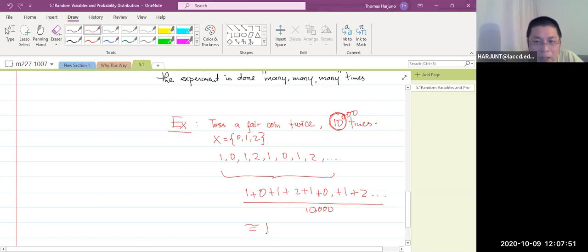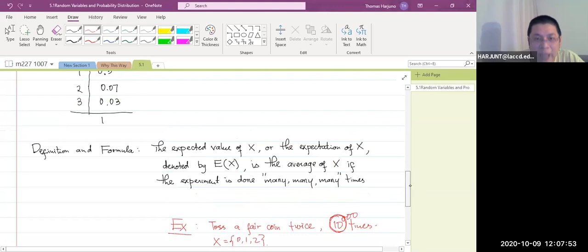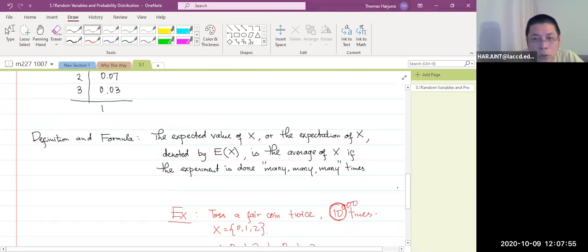Okay, now the expected value refers to the average you get if you do this same experiment many times.